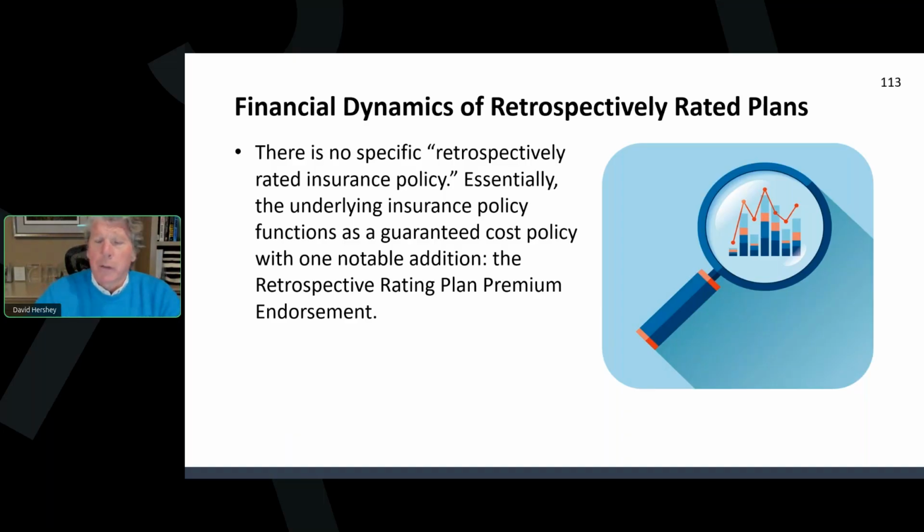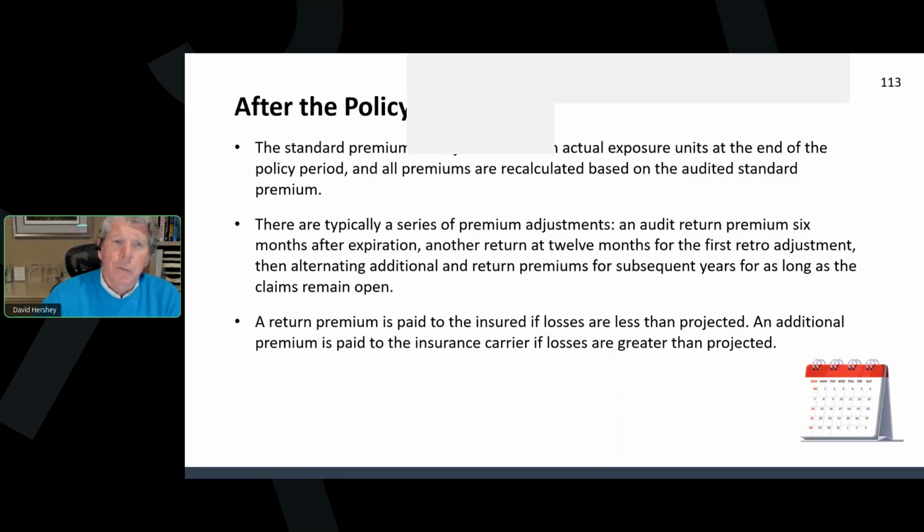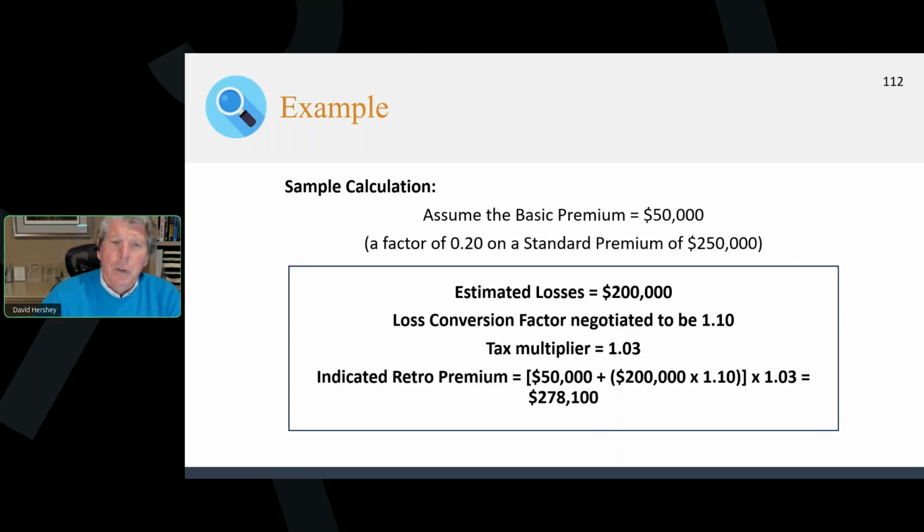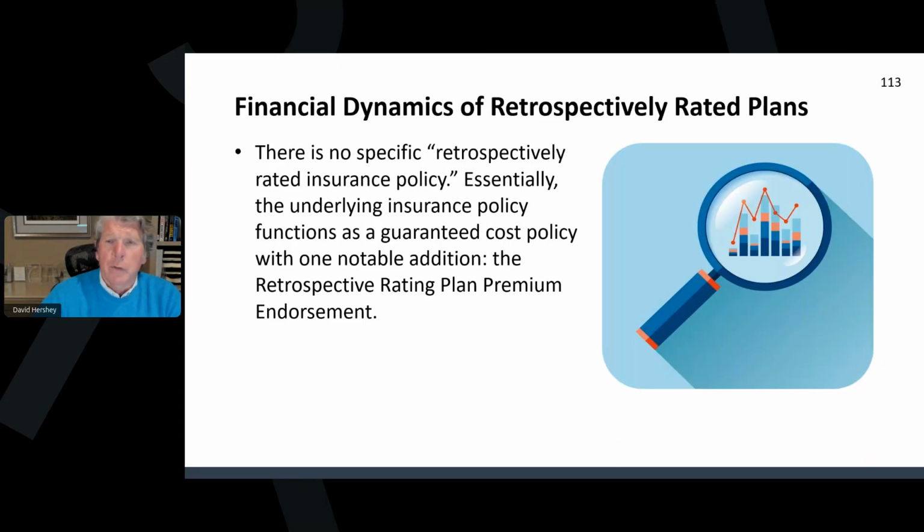What we're talking about here when we're looking at these formulas is the premium calculation. It's really no different than a deductible obligation if you have a large deductible plan. So again, the coverage is the same. The policies are the same. So don't get those confused.